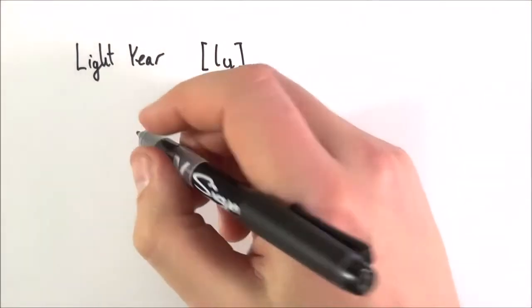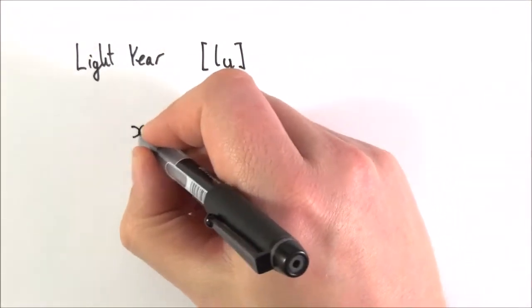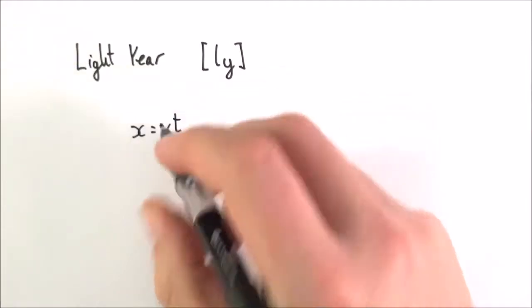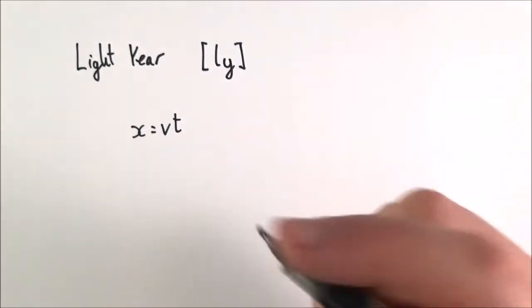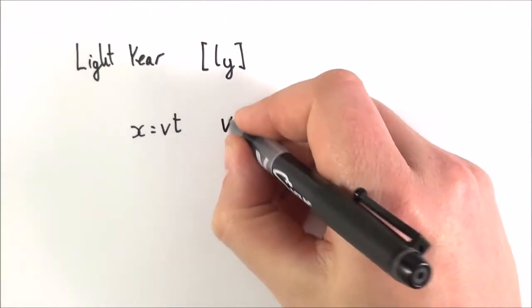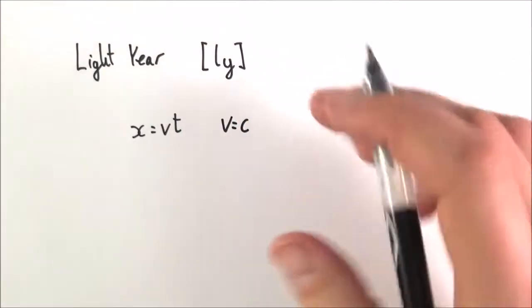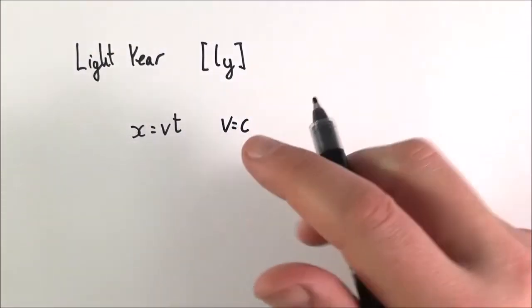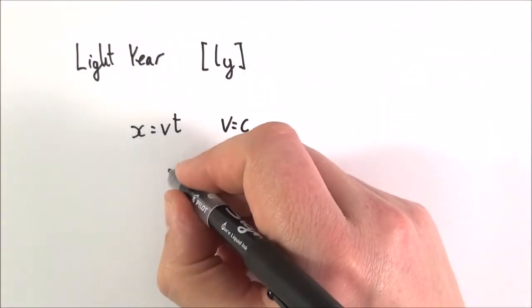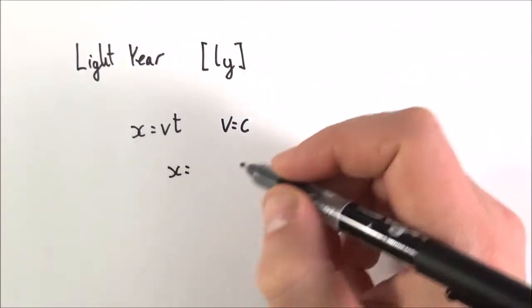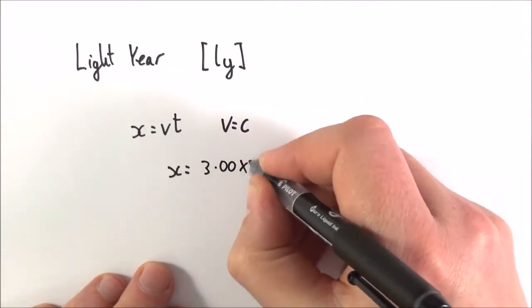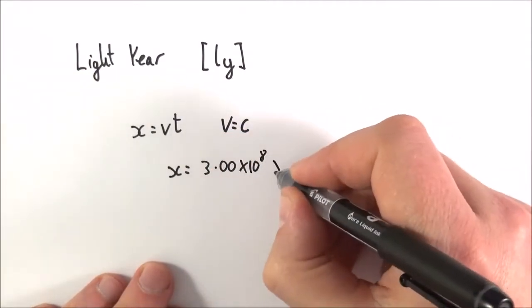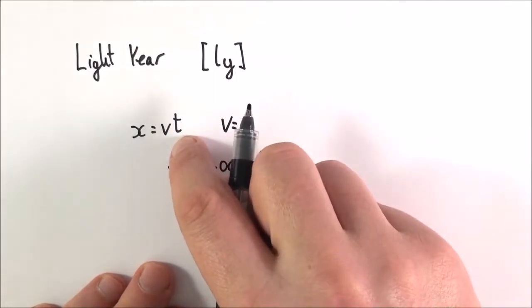So we know that basically x is equal to vt, so displacement is equal to the velocity times time. If we talk about light, we know that the velocity of light is the speed of light, because that's what it always is in a vacuum. And therefore we can say that the distance that light travels in 1 year is equal to the speed of light, which is 3.00 times 10 to the 8, and we multiply that by the number of seconds in 1 year.